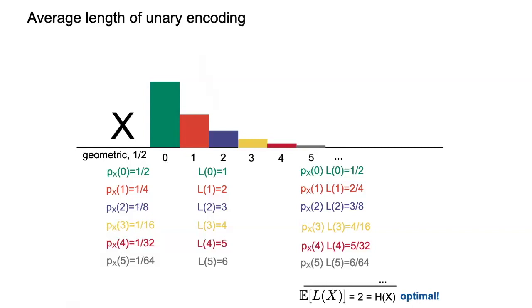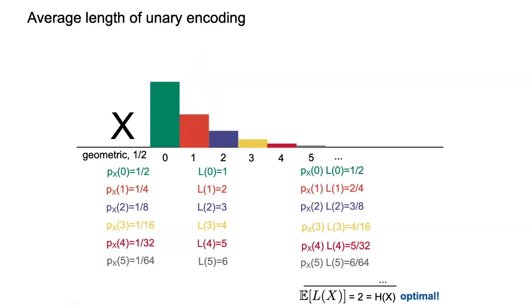So it means that if the integers that Alice wants to ship to Bob follow this geometric distribution, for example, because you generated it by tossing coins and counting the number of coins you got until heads, then encoding with the thermometer encoding is optimal. That is, in fact, very surprising because you wouldn't think that it could actually be optimal for anything, but it turns out that it is.